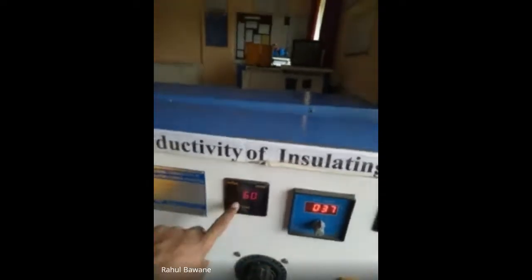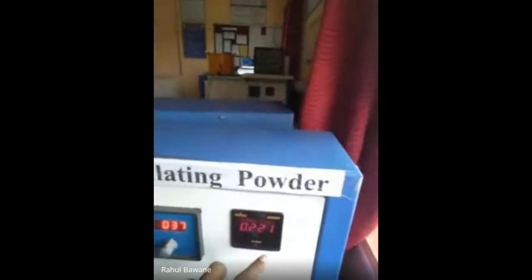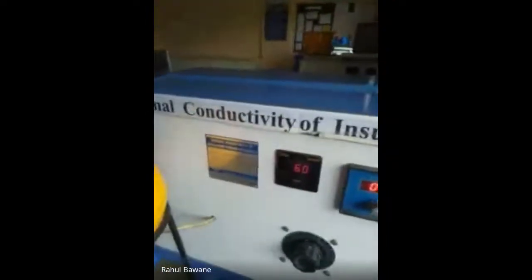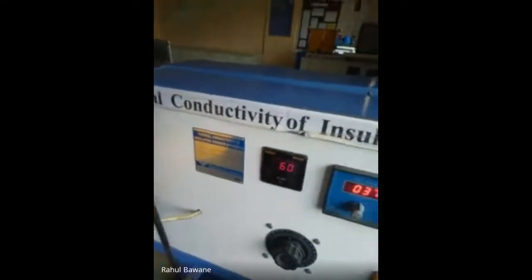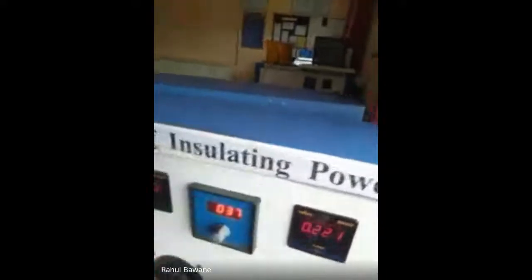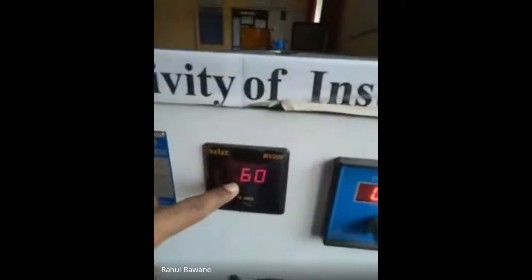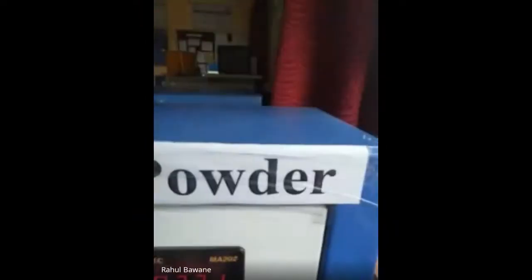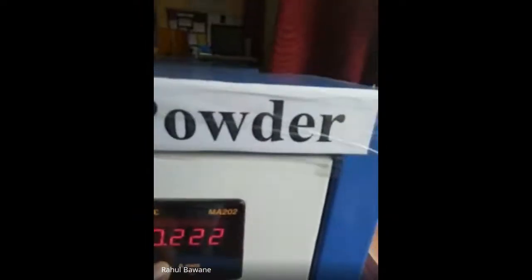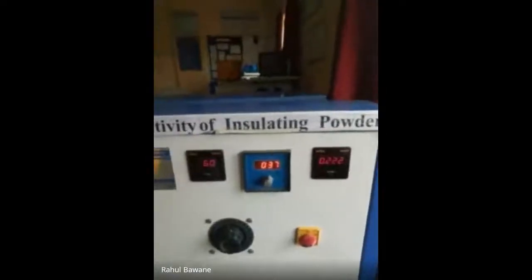So 60 volt is supplied and the corresponding current is 221. Remember, as your coil and other thermocouples get heated, this value may vary a little bit. This becomes 60, it may change to 61. This is 221, it may change to 222 or 223. Likewise, after heating, there are slight changes.